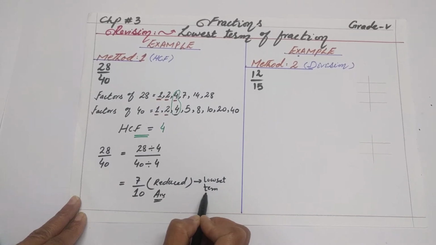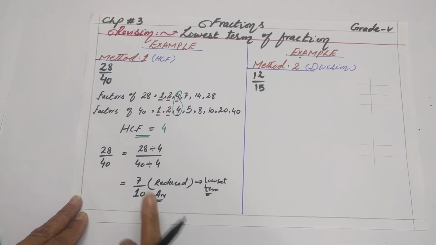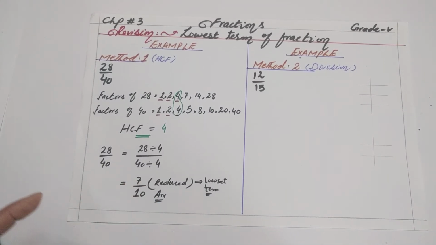Why? Because 7 and 10, there is no more common factor other than 1. Only 1 is the common factor for 7 and 10. As I told you, a fraction is in the lowest term when its numerator and denominator have no common factor other than 1.